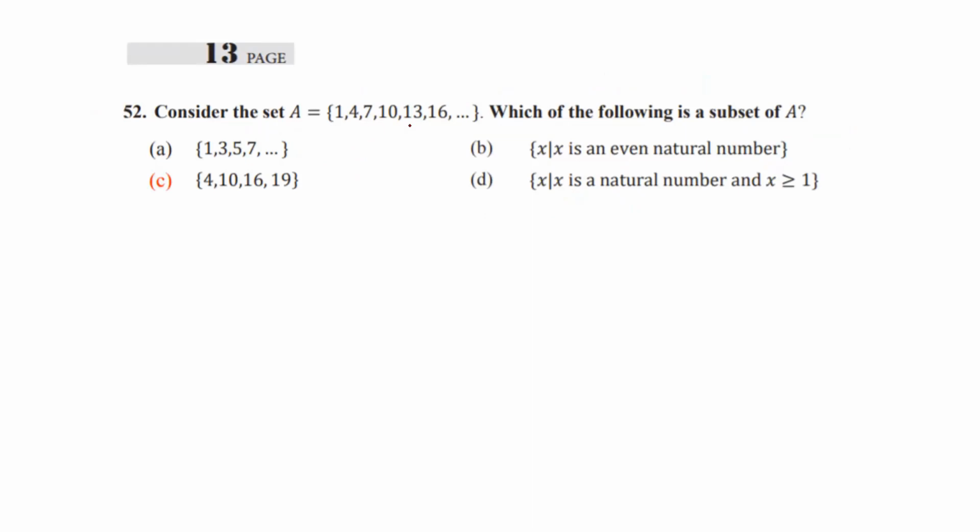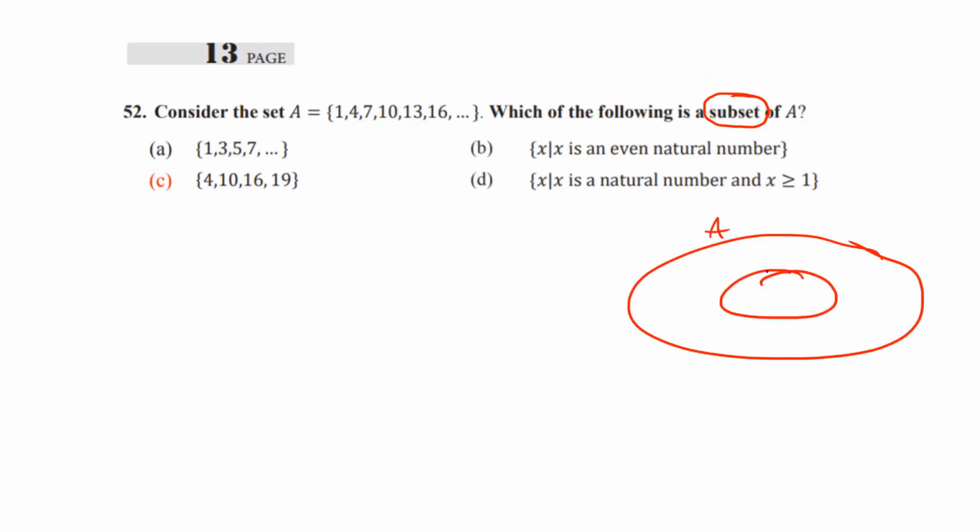Consider these sets. Which of the following is a subset of A? Subset means that this set is included in A. It's a smaller set than A, which means that all elements of this set must be elements of A. Let us see the first proposal, 1, 3, 5, 7.